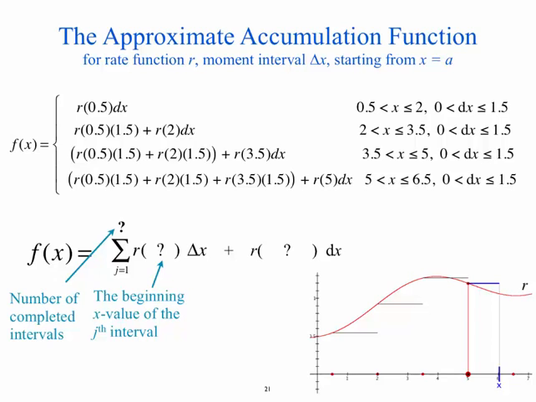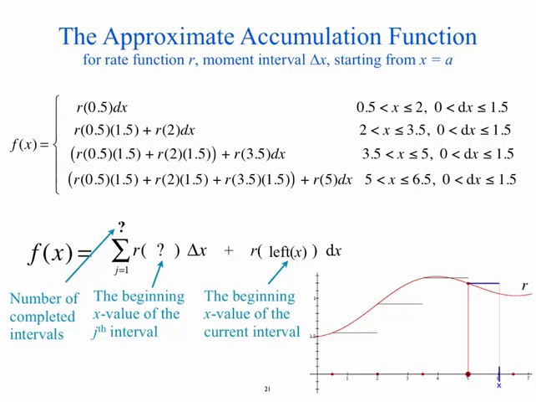And then finally, we're in the partial interval. What are we going to do there? Well, that's just going to be the beginning x value of the current interval. But you know what that is from the reading. What is the beginning x value of the current interval? That's what left x is.